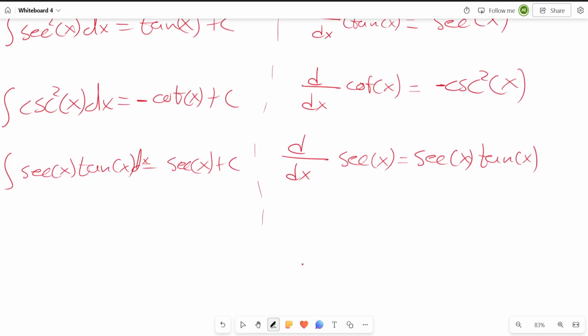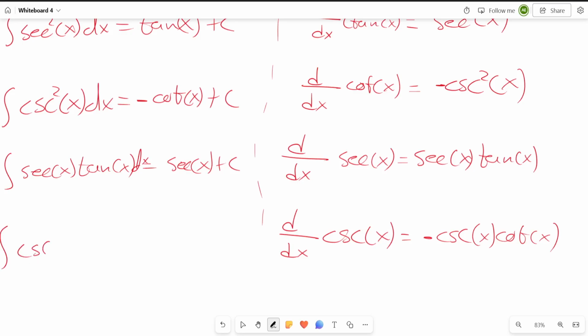Furthermore, we know that the differentiation of cosecant x equals negative cosecant x cotangent x. That means that the integration of cosecant x cotangent x with respect to dx is going to give me negative cosecant of x plus c.